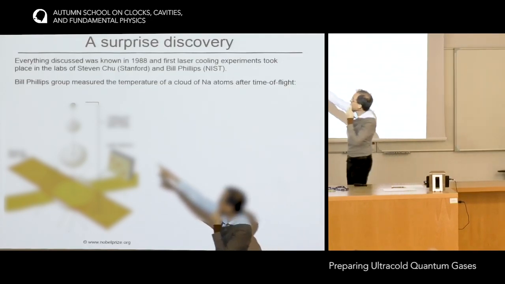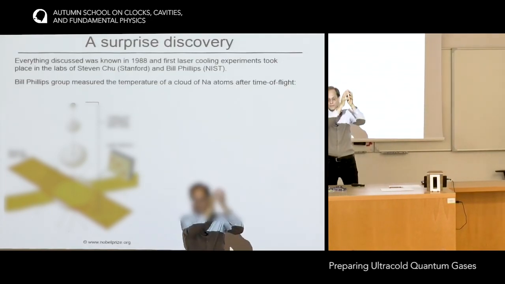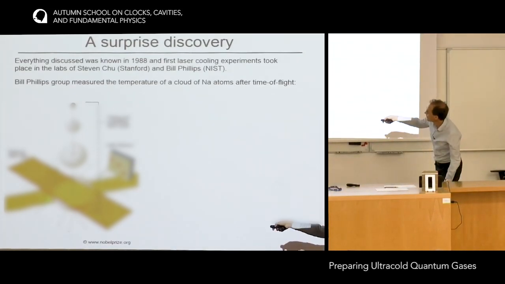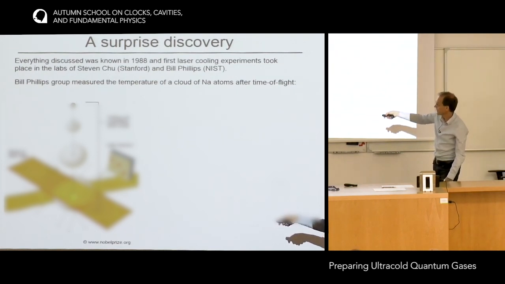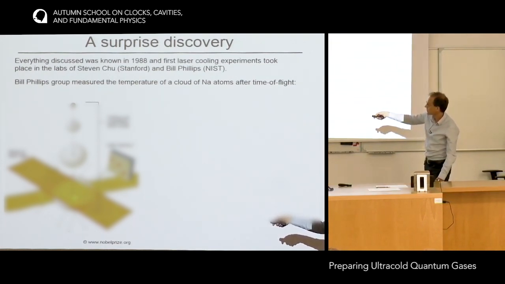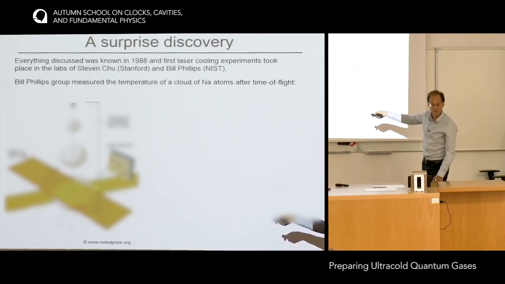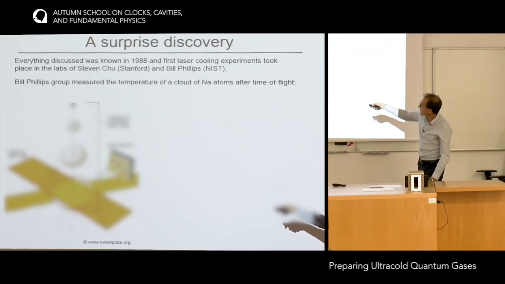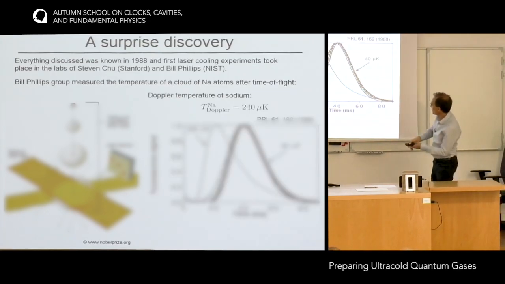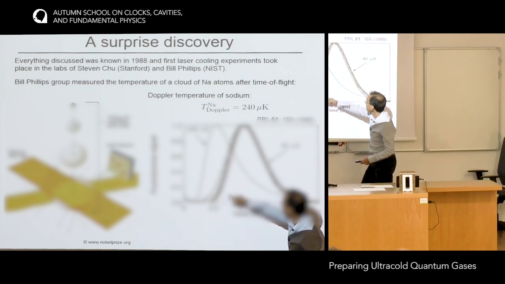So this little cloud of atoms, while it's falling, will also expand. And then they had here a sheet of laser light through which this expanding cloud had fallen. Every time an atom crossed this sheet, it fluoresced, and they could detect that on this detector. And then they got curves like so.